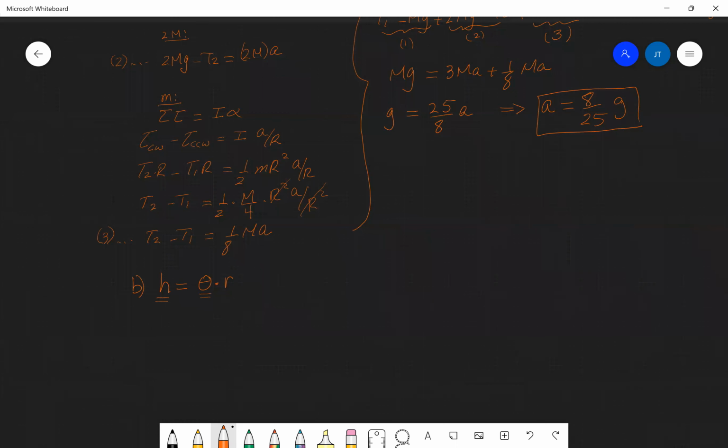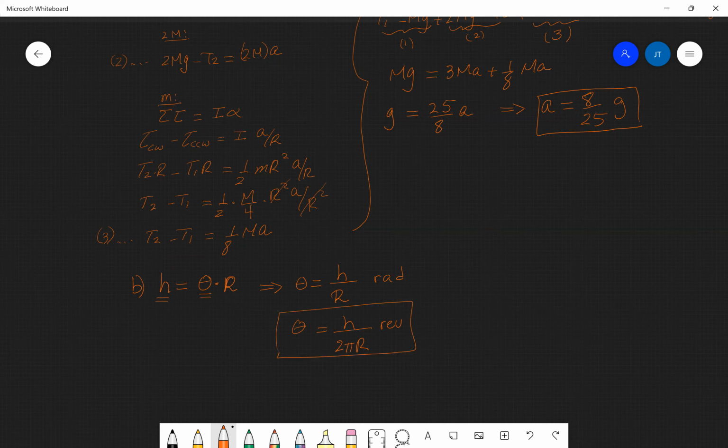It caused the pulley to rotate this many radians, times the radius of the pulley. So theta equals h over r, but this is in radians. So to change it to revolutions, it will be h over 2 pi r revolutions. That is theta.